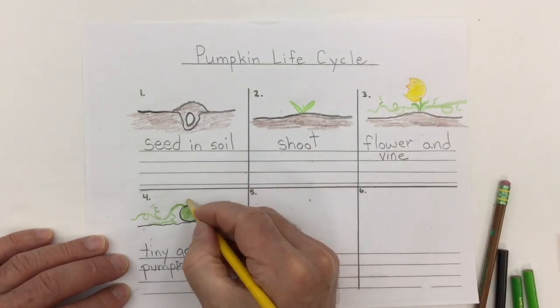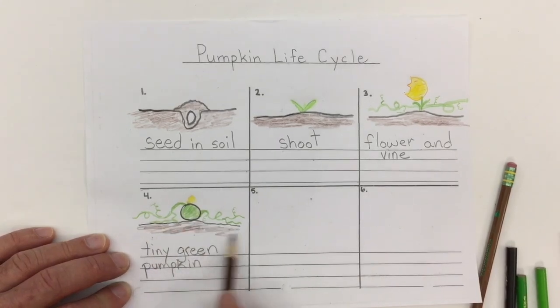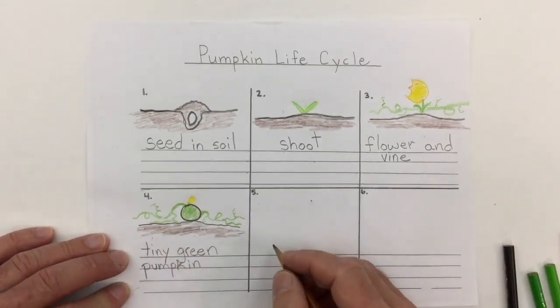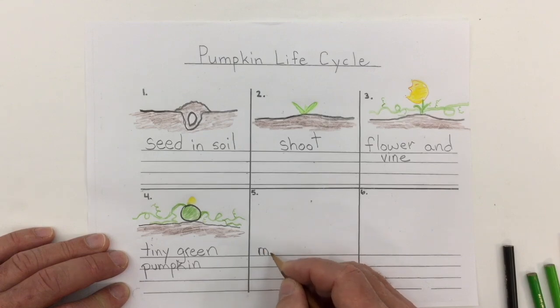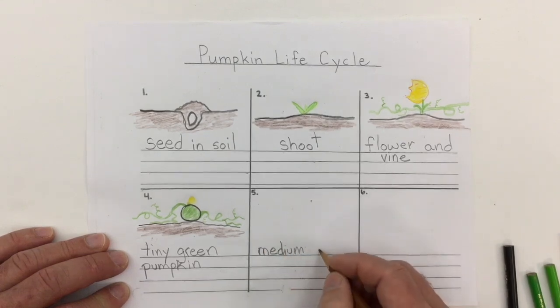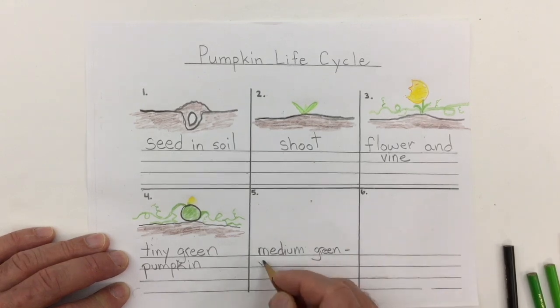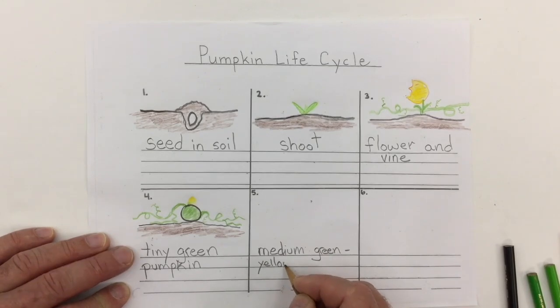And maybe just the remains of what might be left of the flower, almost all gone. On the next stage, that pumpkin gets a little bit bigger, and we can say now it's a medium, and it's kind of a green, yellow pumpkin.